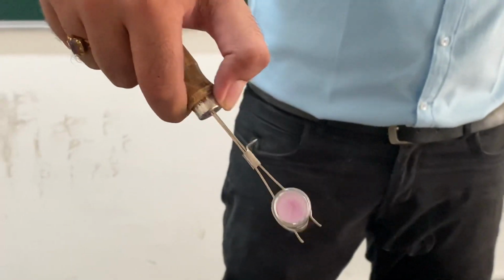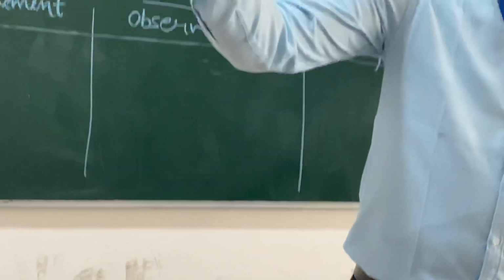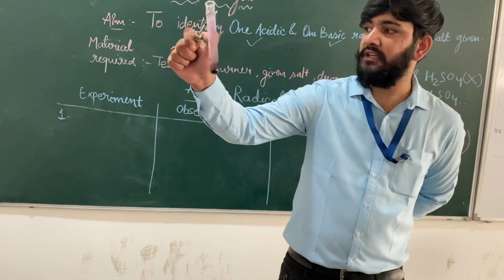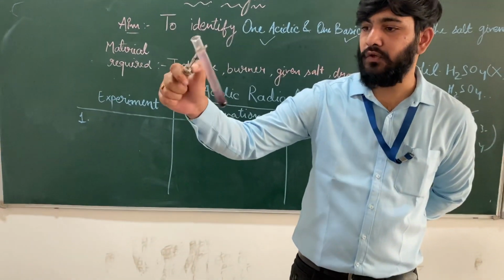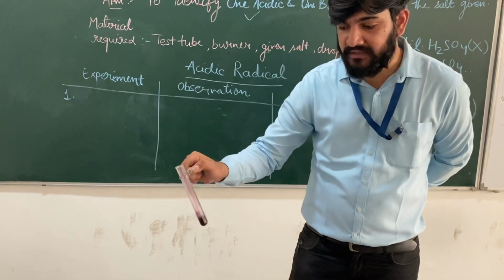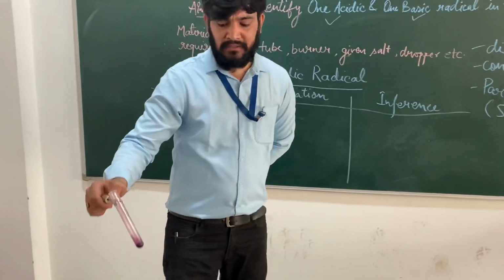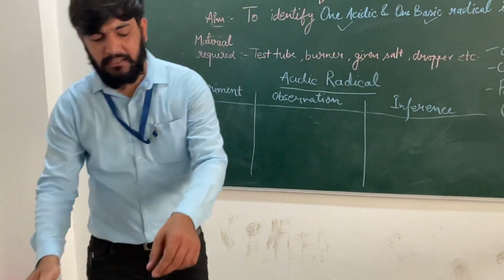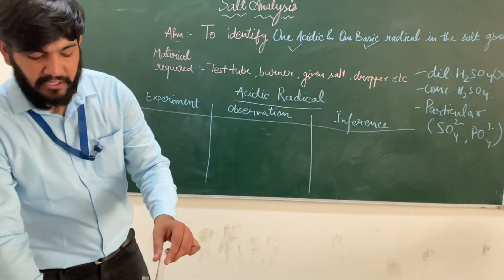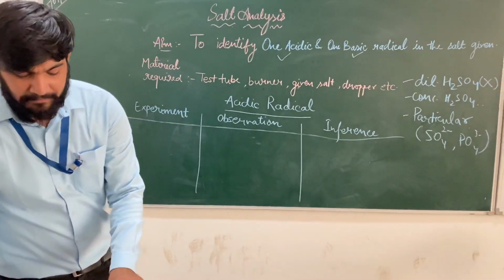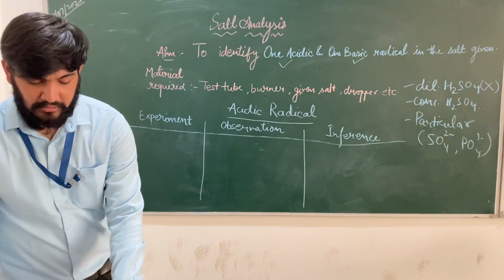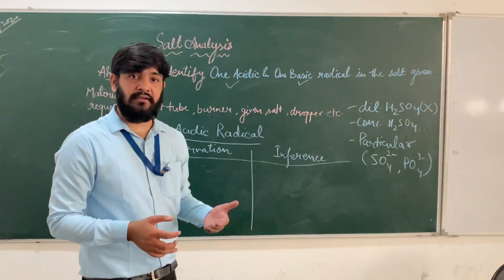You can now see a very dark purple coloration is taking place. So this confirms the presence of iodide ion. So this gives you the idea that your first part, or your acidic part, is iodide. Now the second part is your basic. Okay.